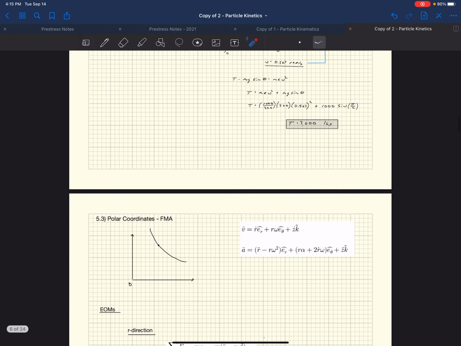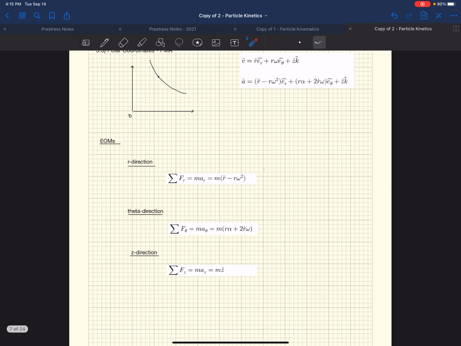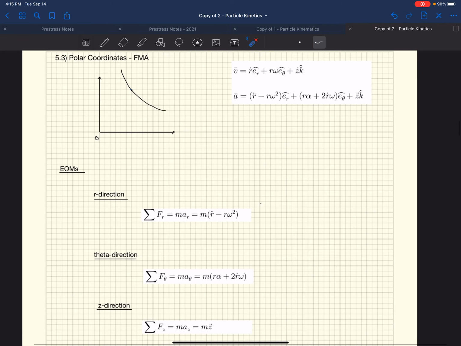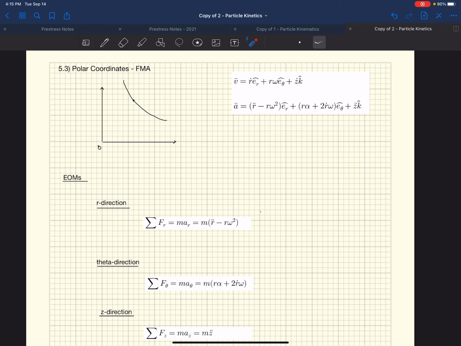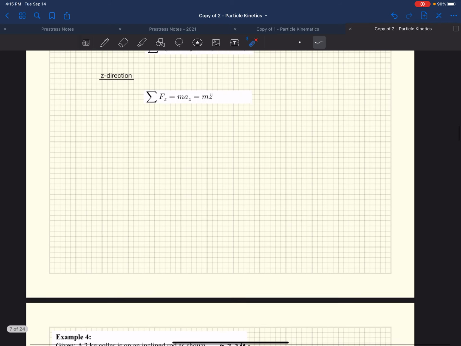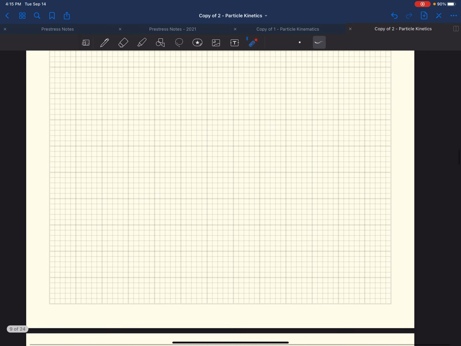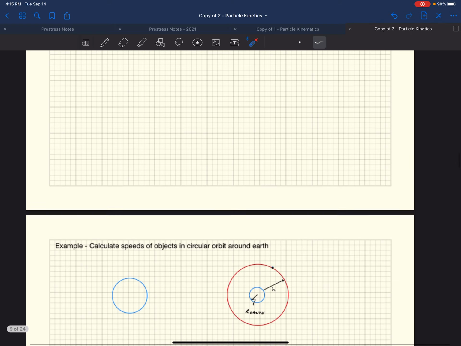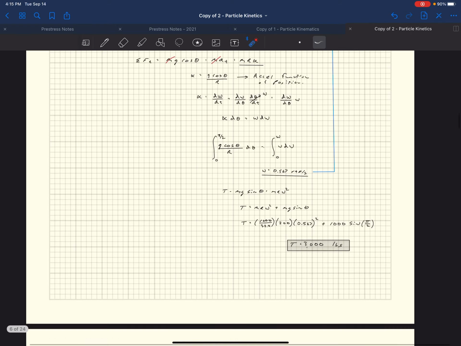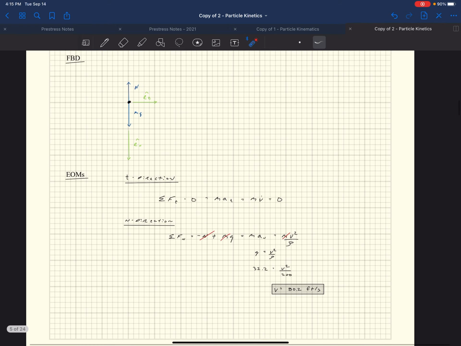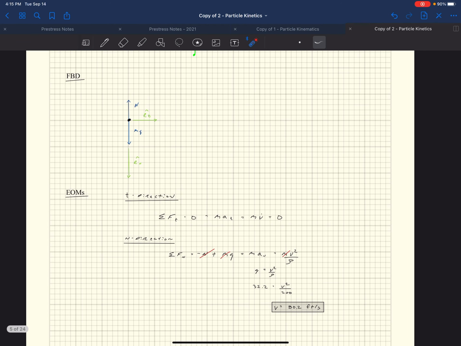And then the next topic that we'll cover, we'll save until Friday's lecture, but we're going to do polar and cylindrical coordinates. Very quick derivation of these things. You kind of get the hang of it, I think. We'll do an example problem, maybe two example problems, and then talk about some other interesting things that come from polar cylindrical coordinates, and then work our way into work energy.